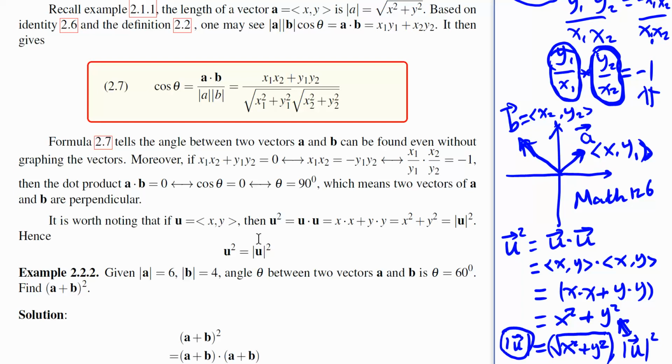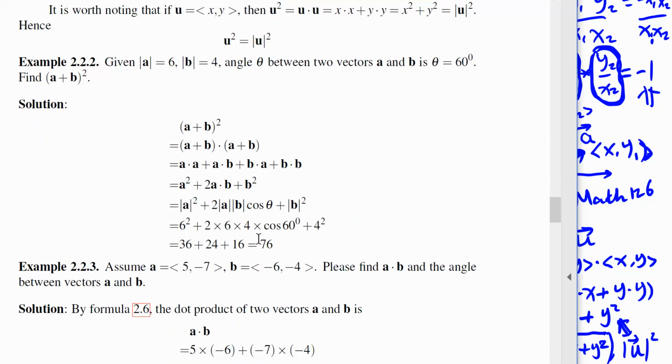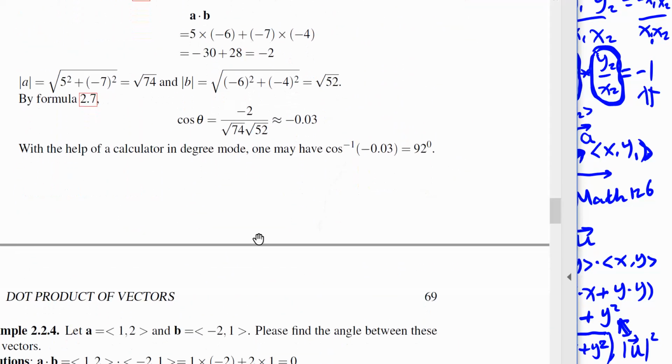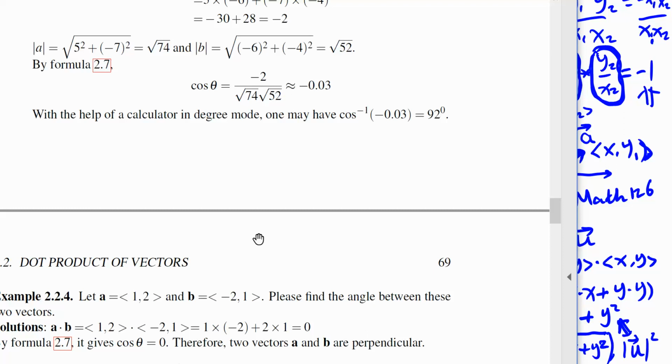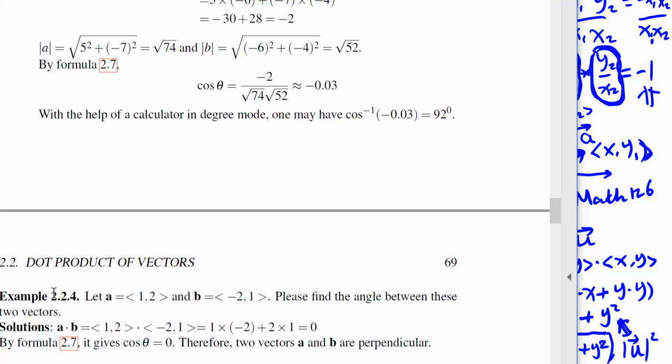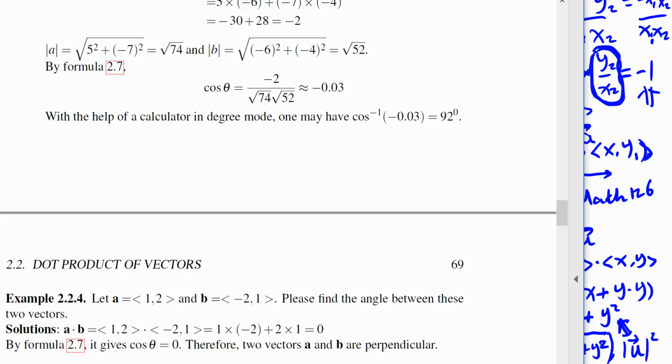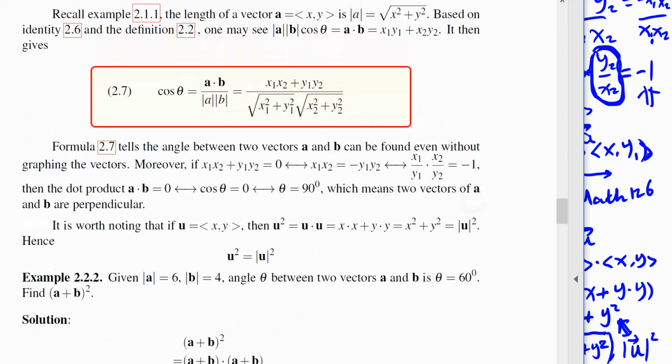Okay. Now, probably we can do some examples right now. We first look at this example. The example right here says that A is 1, 2, B is -2, 1. Please find the angle between these two vectors. So basically, the question asks us to find cosine theta, and then we can find the value of theta.